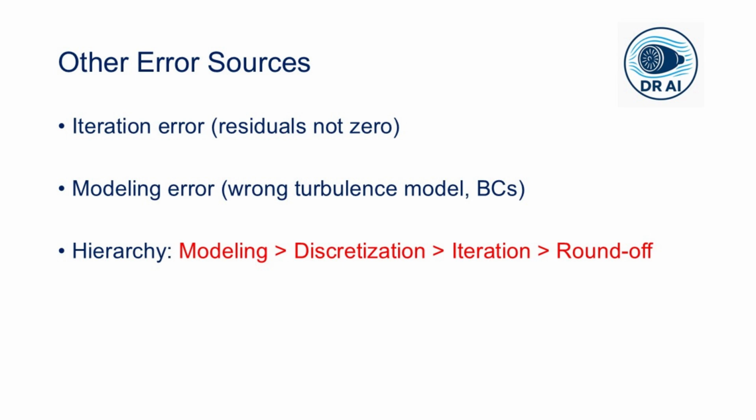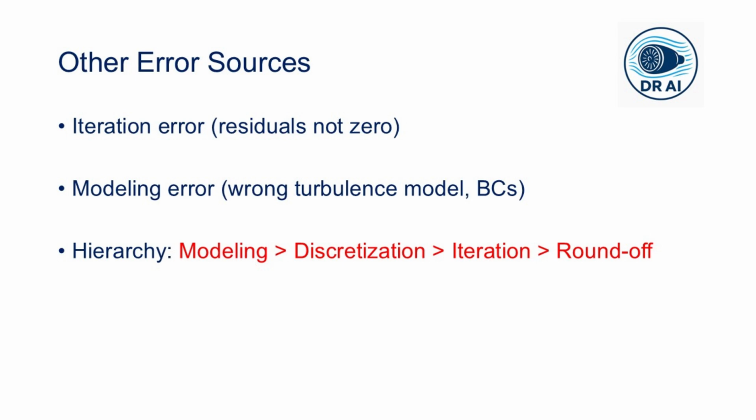Iteration error: most CFD solvers solve the algebraic systems iteratively. They guess, correct, guess again. So you stop when the residuals drop, say by 1e-6, but that residual is not zero. You have iteration error. The other type of error is the modeling error. Discretization only approximates the equation you gave it.